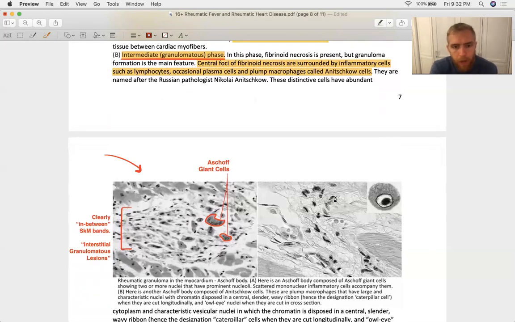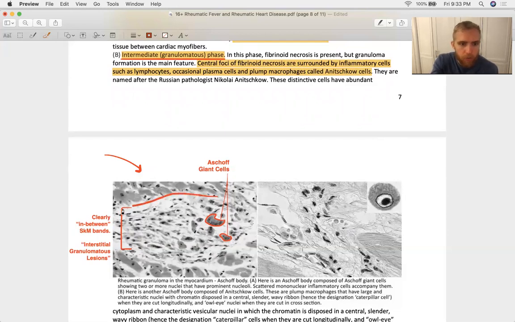You know that you're looking at rheumatic fever because it's got these things called Aschoff giant cells. And you also know you're looking at rheumatic fever specifically because it's a big clump of reactive immune cells in between bundles of skeletal muscle, cardiac muscle.